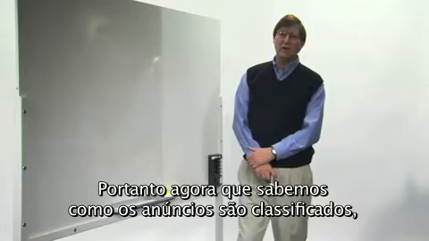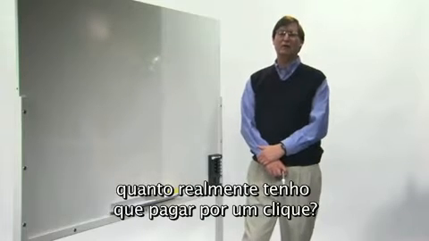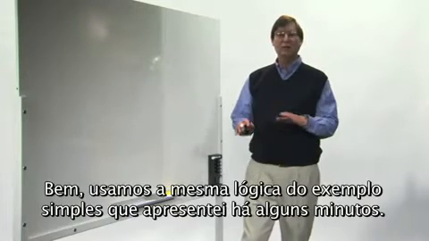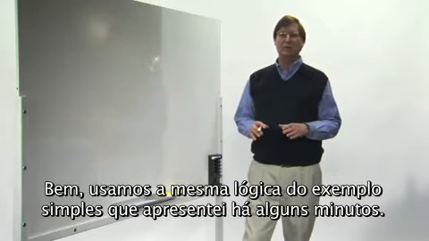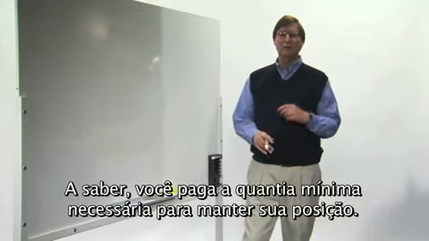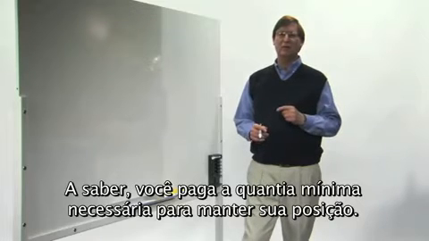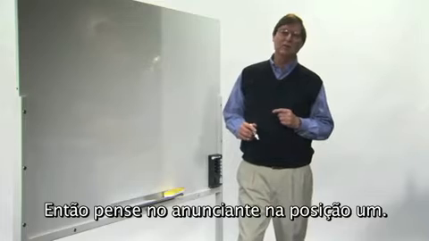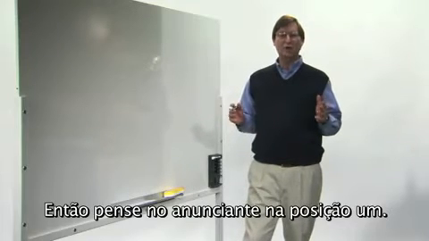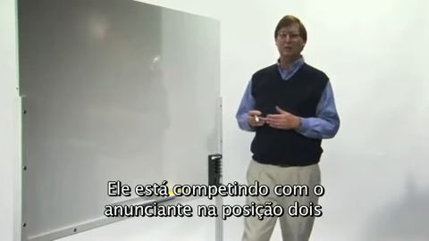So now we know how the ads are ranked. How much do I actually pay for a click? Well, we use the same logic as in the simple example I presented a few minutes ago. Namely, you pay the minimum amount that's necessary to retain your position. So think of the advertiser in position 1. He's competing with the advertiser in position 2.